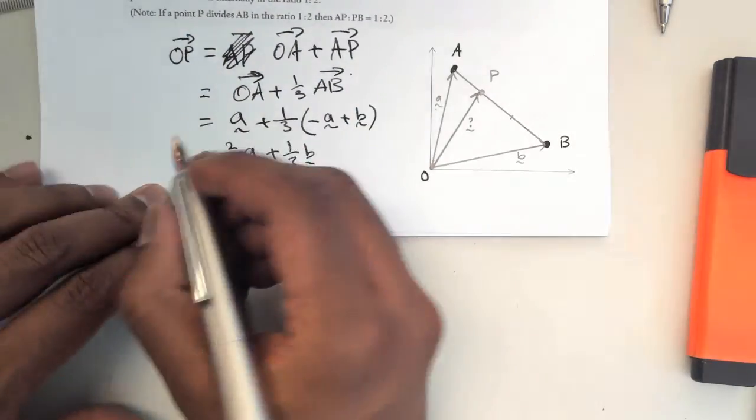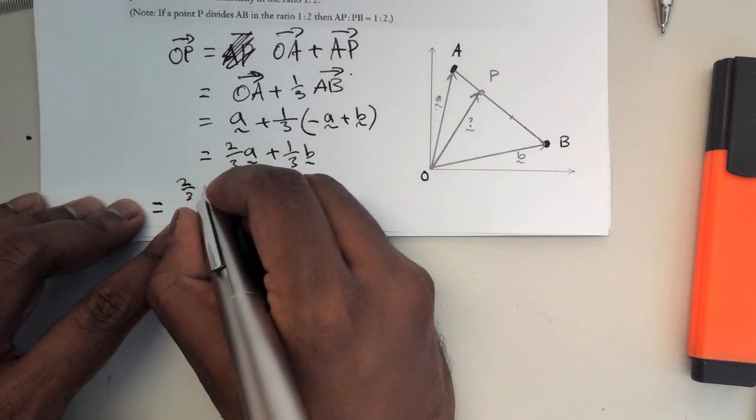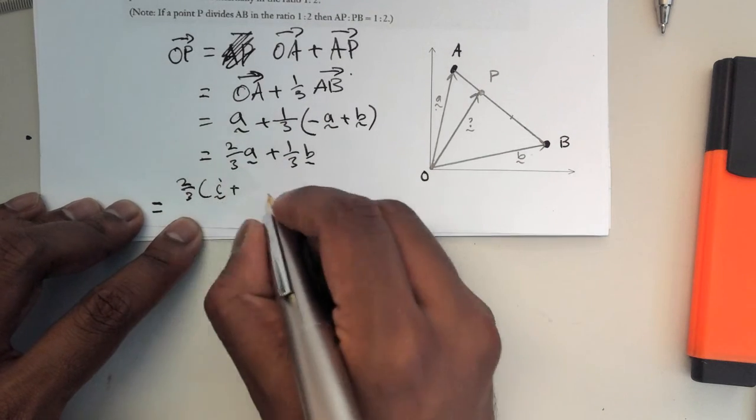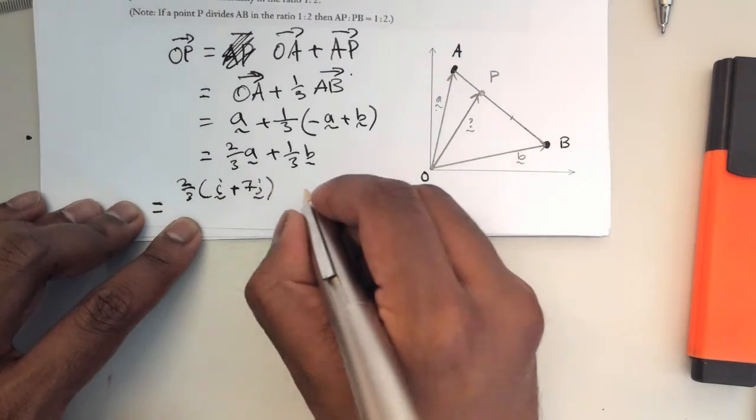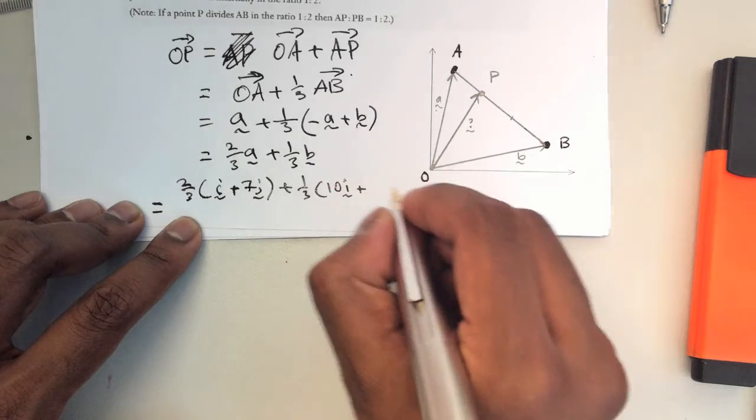Let's see what we have over here. We've got 2/3 of i plus 7j, plus a third of 10i plus 4j.